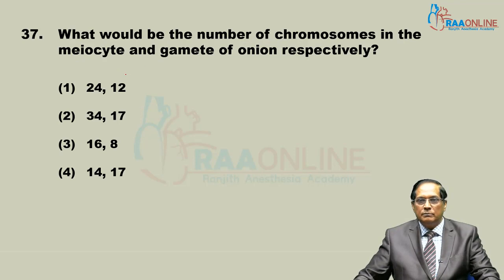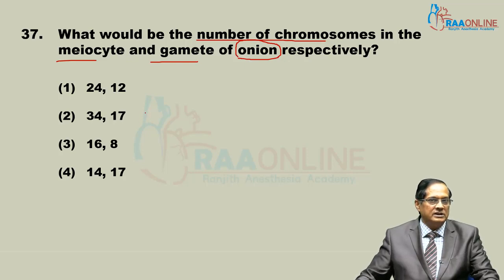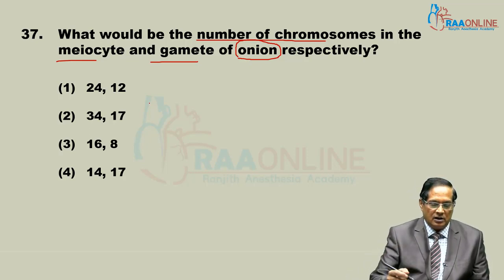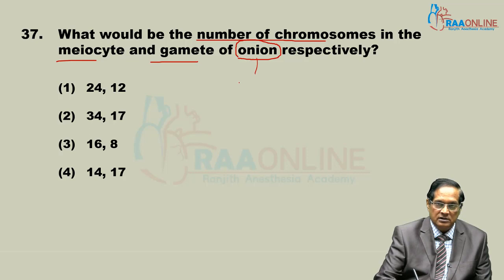What would be the number of chromosomes in meiocyte and gamete in onion? For this one, you must refer to the list in NCERT in which the number of chromosomes of plants is given, and that list should be properly in your mind. But here only onion is asked. Onion is Allium cepa, a member of Liliaceae.